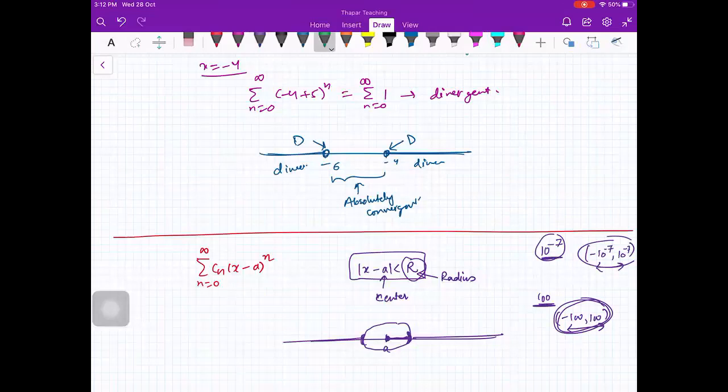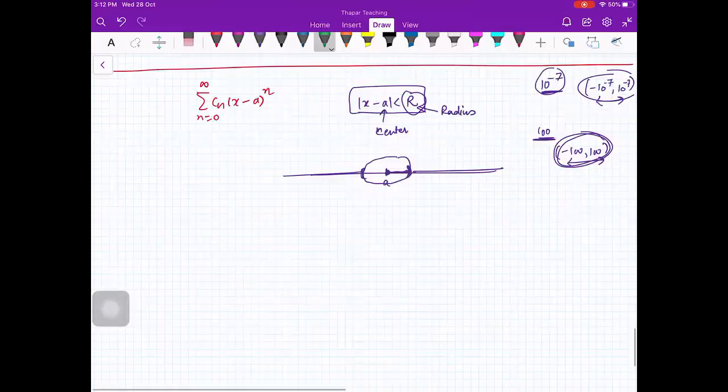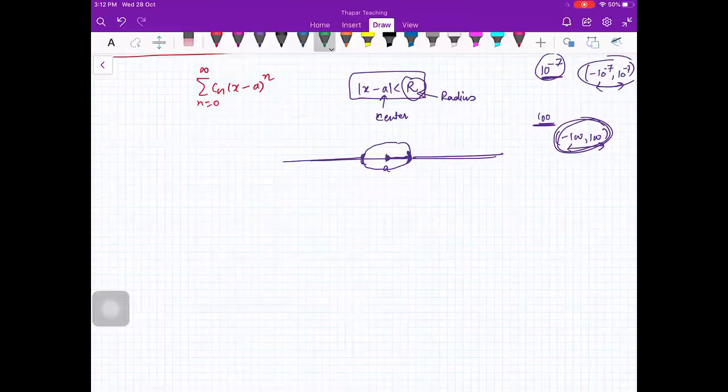So the next thing is called term by term differentiation of power series. What is this?